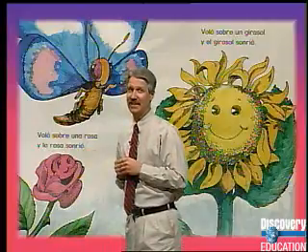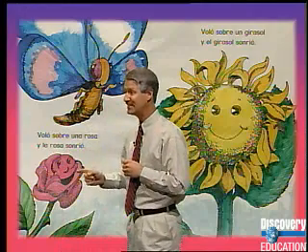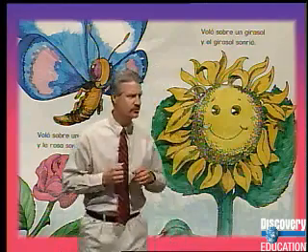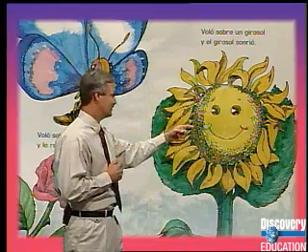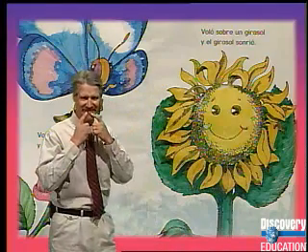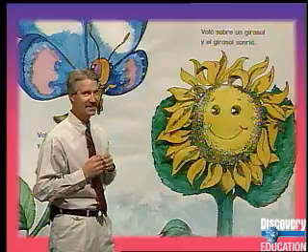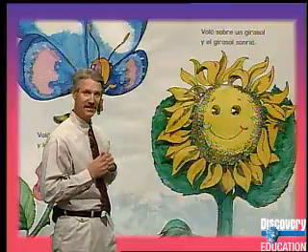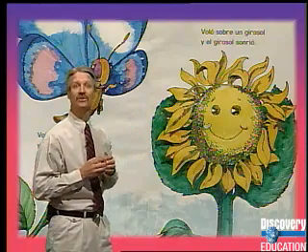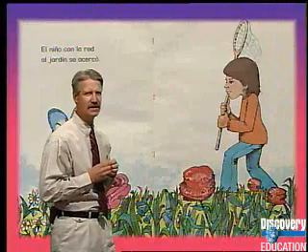And you can guess what that is. Y la rosa sonrió. Voló sobre un girasol. Y el girasol sonrió. And do you recognize what kind of flower that is? Yeah, that's a sunflower. Y el girasol, the sunflower, sonrió. It smiled too.